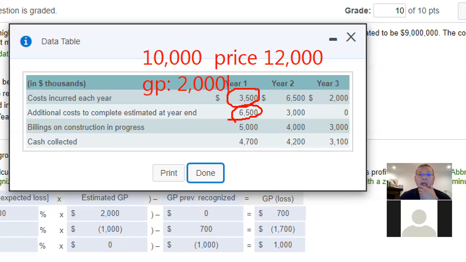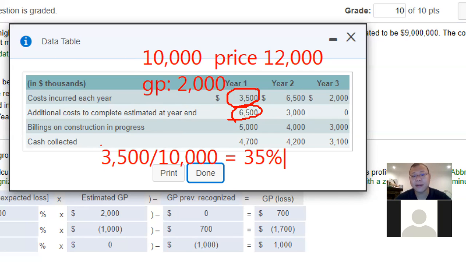Okay, and then what's the percentage of completion? The percentage of completion should be cost incurred to date, which is 3.5 million, divided by total expected cost, 10 million. That's going to be 35%, right?